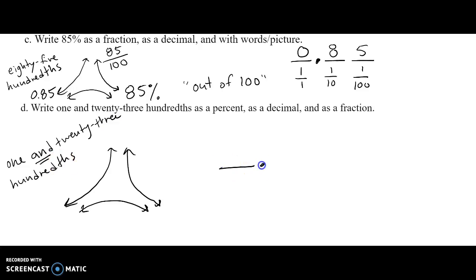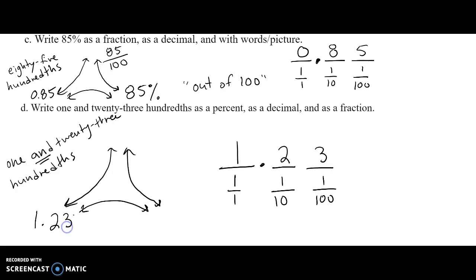Let's do our decimal here. This is the ones place, or the 1 out of 1. That's 1 whole. So this is the ones place, tenths place, and this is the hundredths. So I have 1 and 23 hundredths. Here's my 23 hundredths. Here is my 1 whole. Ooh, I have more than 1 whole here. I have 1 and 23 hundredths.